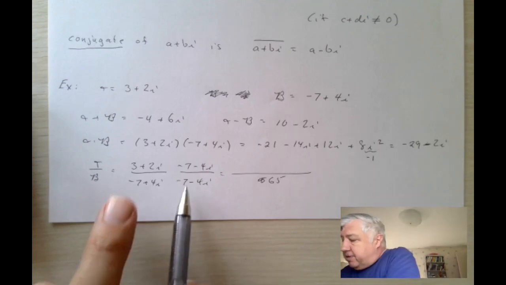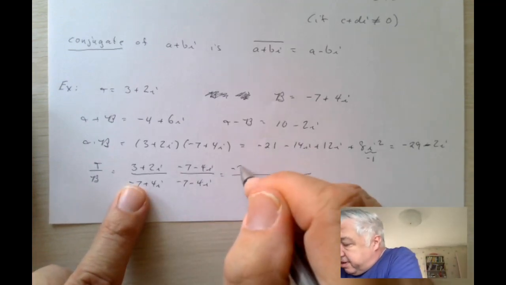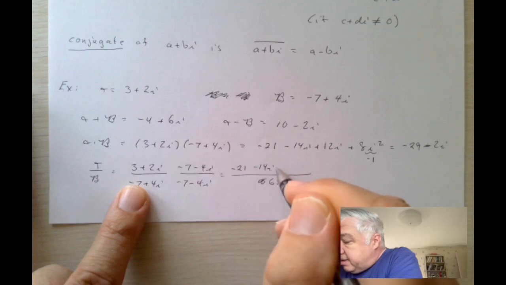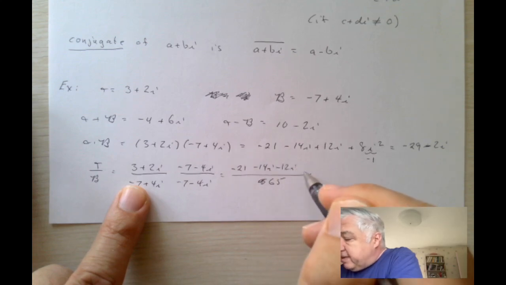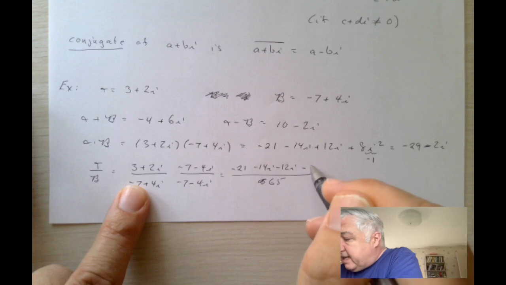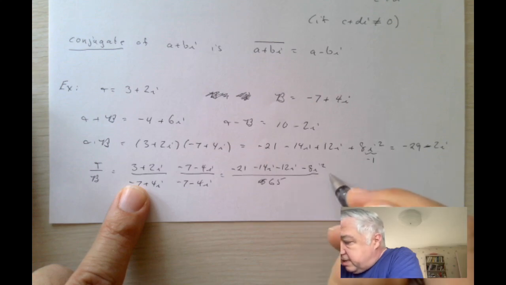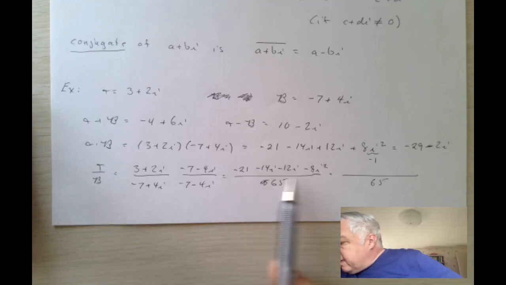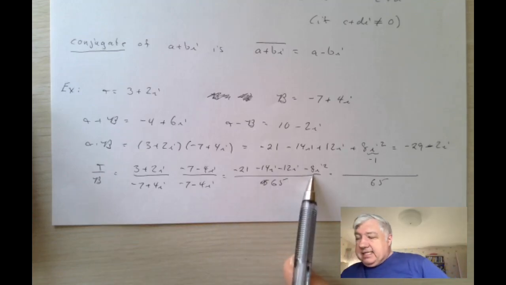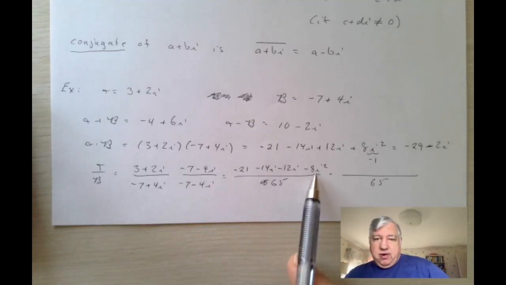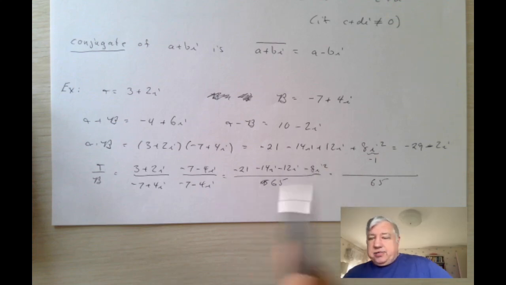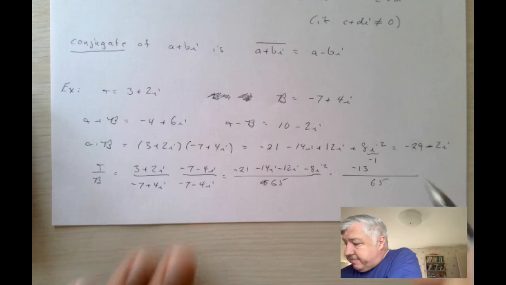And then this will just be minus 21, minus 14i, minus 12i, and minus 8i squared. And so this will be minus 21 plus 8, because the i squared becomes negative 1, so this is negative 8 times negative 1, so that's positive 8. 8 minus 21 is negative 13.